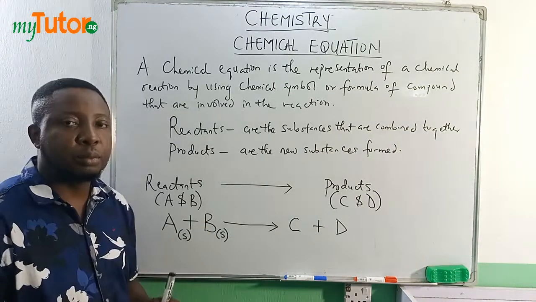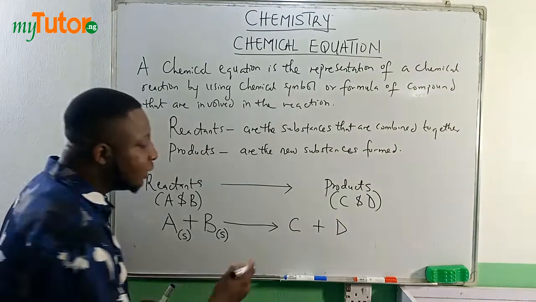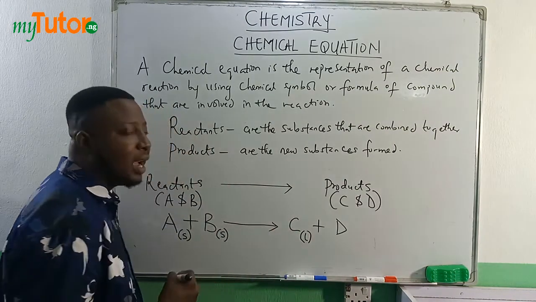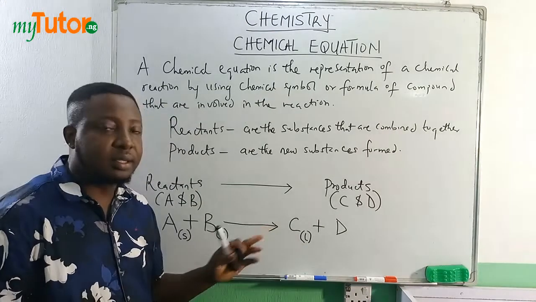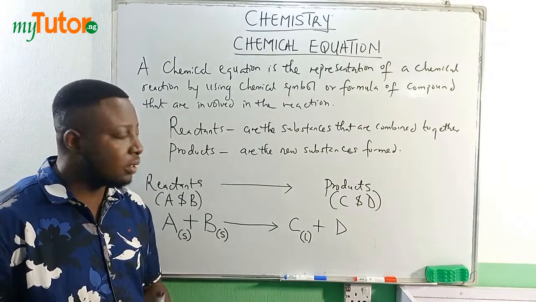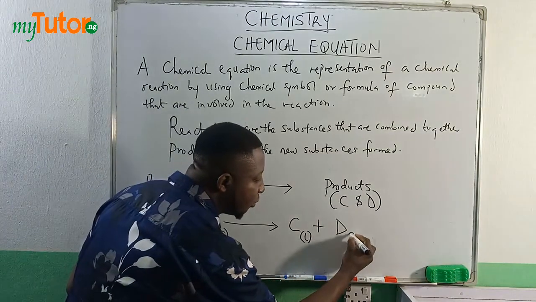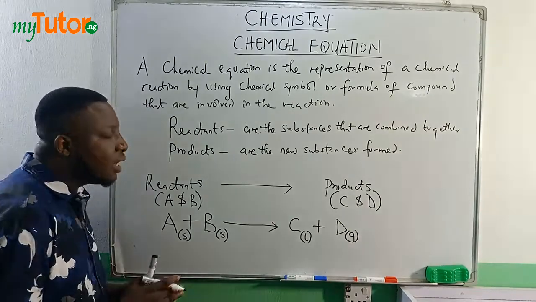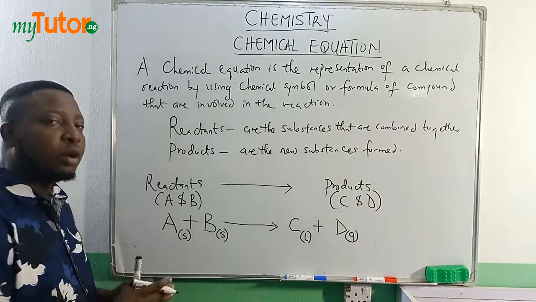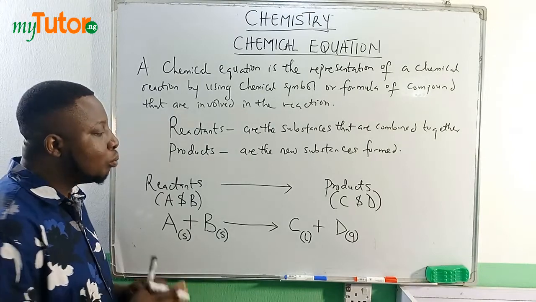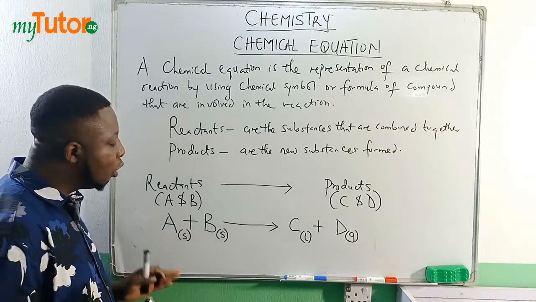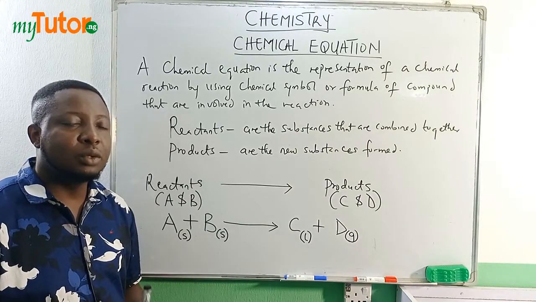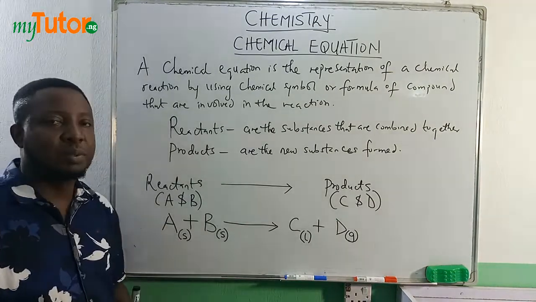So let's say that product C is a liquid, then we indicate it with the symbol L, while the symbol G indicates that product D is a gas. So in a chemical equation, the nature of the reactants and the products must be indicated below them. And again, in a chemical equation, the equation must be balanced.